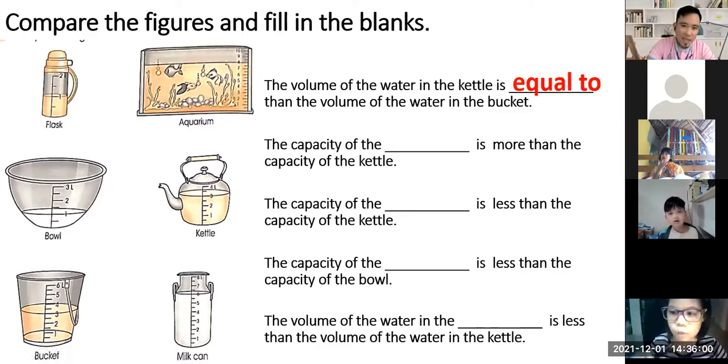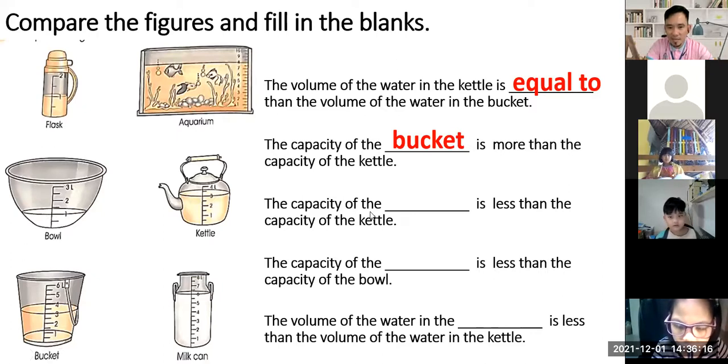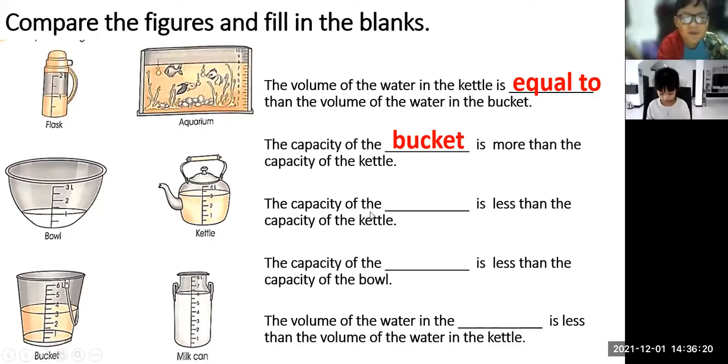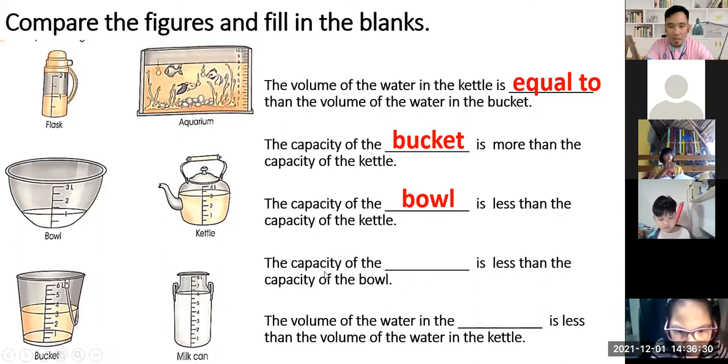Equal to. How about here? The capacity of the blank is more than the capacity of the kettle. Bucket. How about this? Less than the capacity of the kettle. Bowl. How about here? The capacity of the blank is less than the capacity of the bowl.